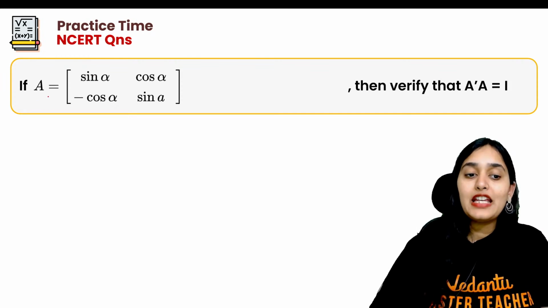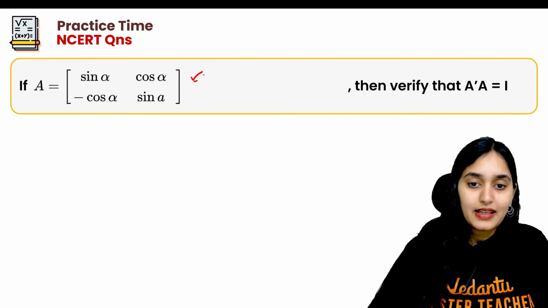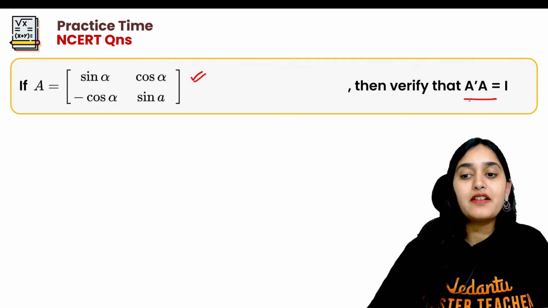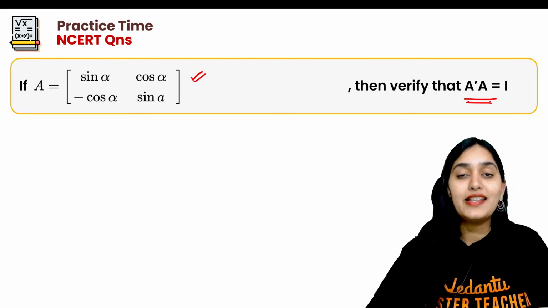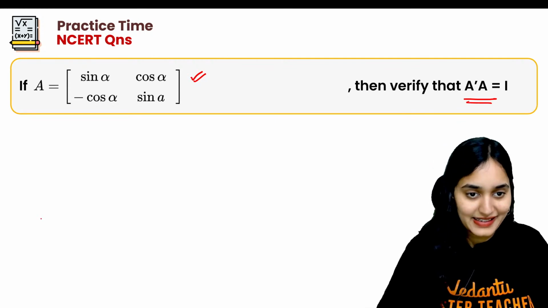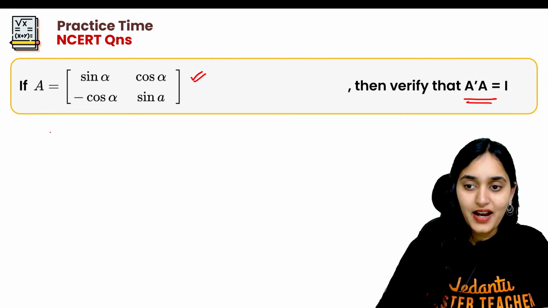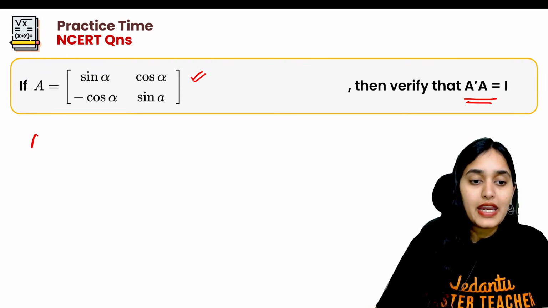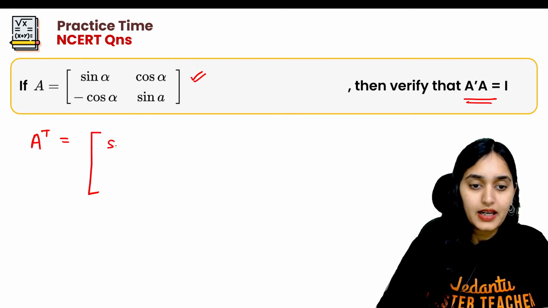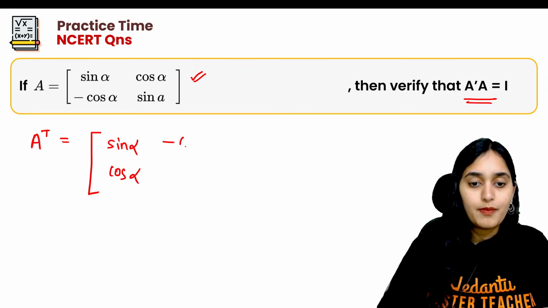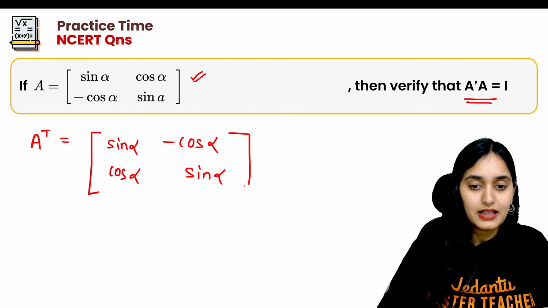First question, if A matrix is this, then verify that A transpose into A is identity matrix. Okay, let's find out. So, A transpose is basically sin alpha, cos alpha, minus cos alpha, sin alpha, right?